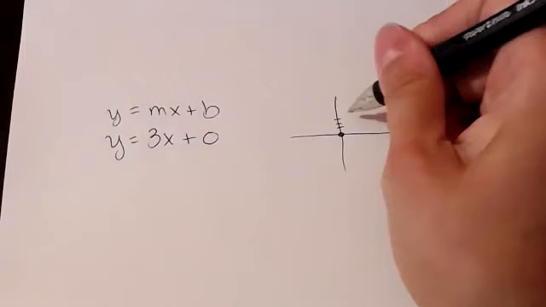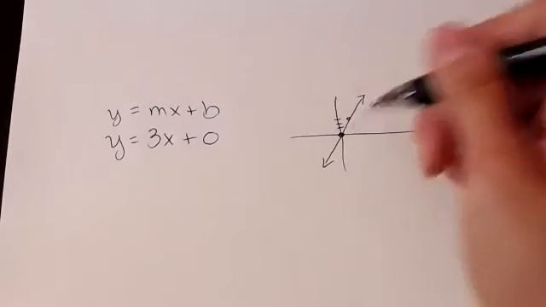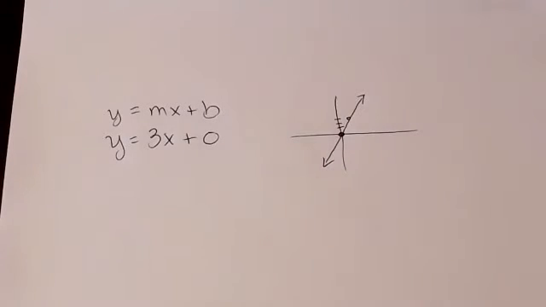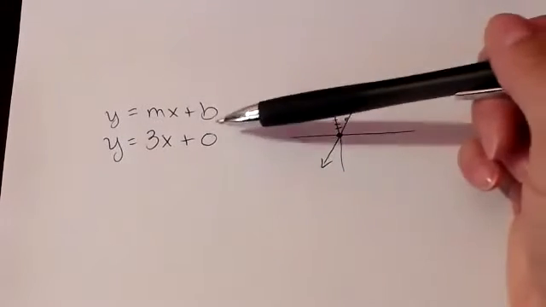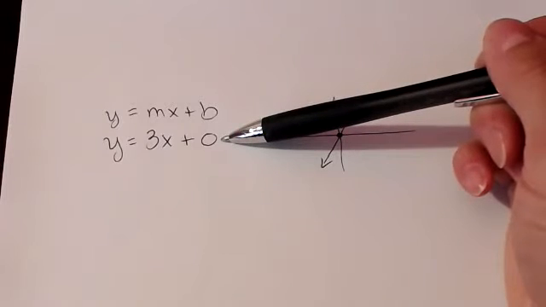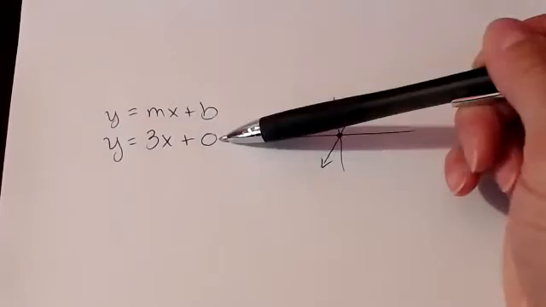So that means you go up 3 over 1. And then, of course, you make your line, right? Do you remember this, Jimmy? Yes. Good. So we replace the b with the 0 because it's a placeholder. And it also represents that 0 is my y-intercept.